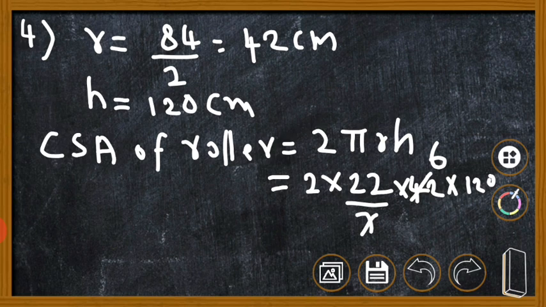So 2 into 22 into 6 into 120, you will get 31,680. Unit, what is that? All the measurements are in centimeter, so it becomes centimeter square. So what is the answer? 31,680 centimeter square. And it is given that it takes 500 revolutions to level a playground.